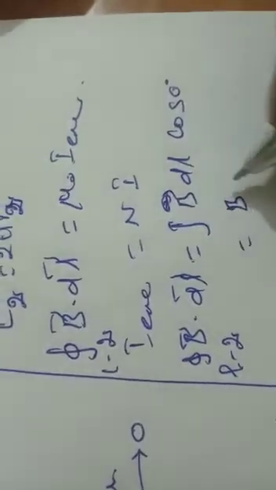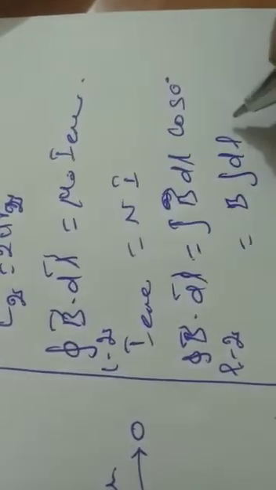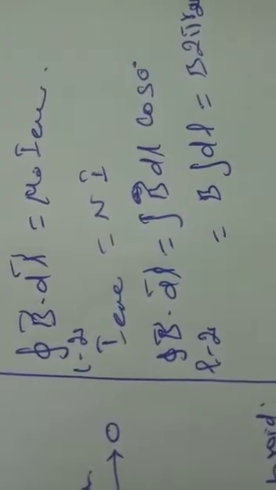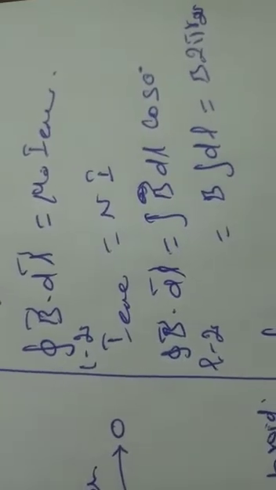It can be written as B into the integral of dl, which is B into 2 pi R2.